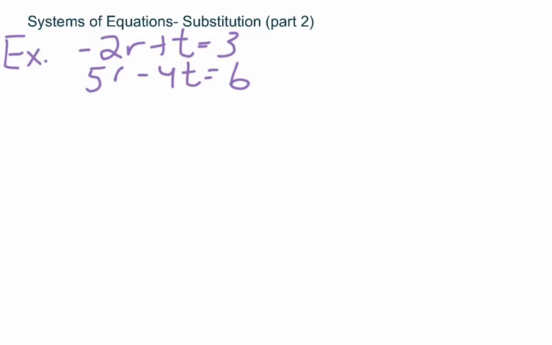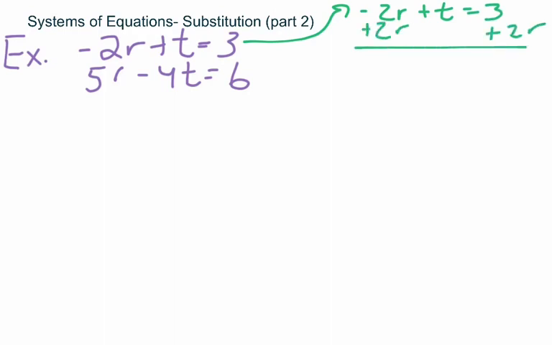So if I take that top equation, negative 2r plus t equals 3, and I just add 2r to both sides, negative 2r plus 2r is 0, and then bring down the t. Now remember, these are not like terms. You have something with an r and something without an r, so you cannot combine them, but you can just write 3 plus 2r, and in that one quick little step, now I've gotten one of the variables by itself.